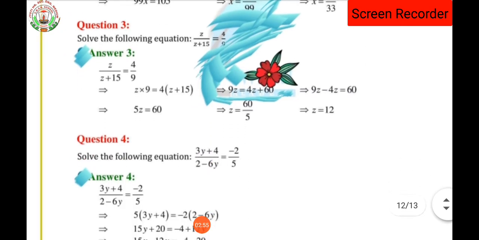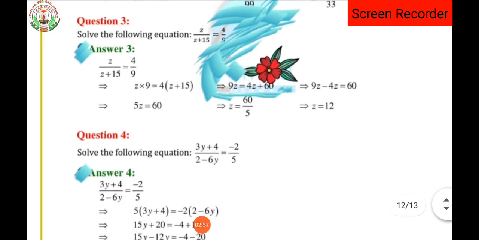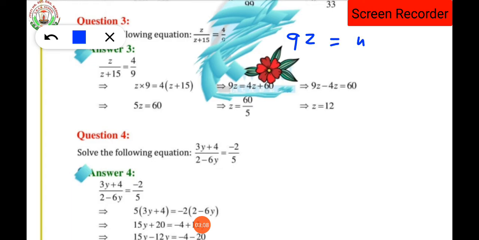Clear everyone? Next question we are having, that is z, so here both z will be cross multiplied with 9, so it becomes 9z. And 4 will be cross multiplied with z plus 50. Everybody knows how to cross multiply.